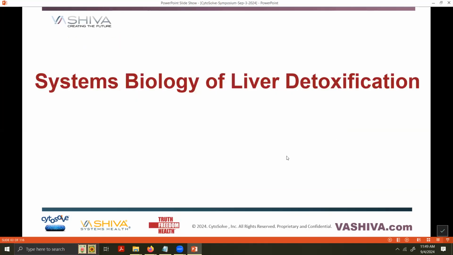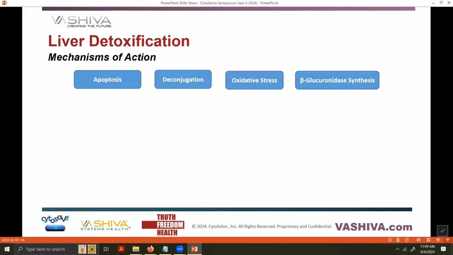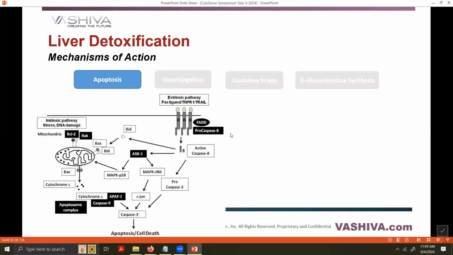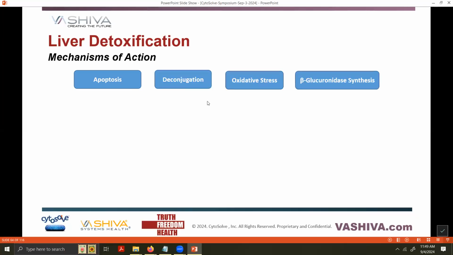So what is involved in supporting the liver? You want to make sure the liver detoxifies itself. The CytoSolve science team identified 4 major molecular systems involved in liver detoxification. One is apoptosis, and we'll define that, a big term. Actually, Prabhakar, before you go in there, one is deconjugation, the other is oxidative stress, and the other is beta-glucuronidase synthesis.